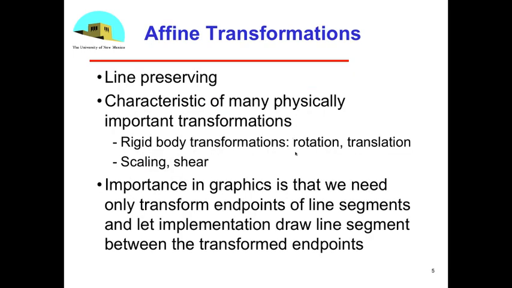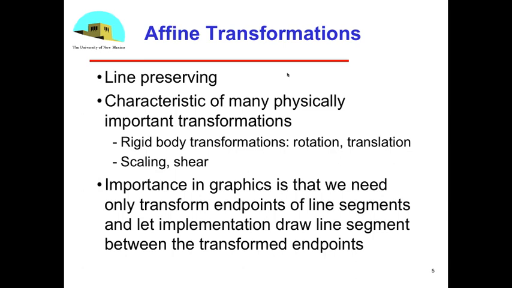Okay, but we're just going to look for a while at affine transformations. As we've said, they're line preserving. If I said to you, what are the transformations that you normally see in the real world, or in some physical problem, they're going to be rotation, translation, and scaling.